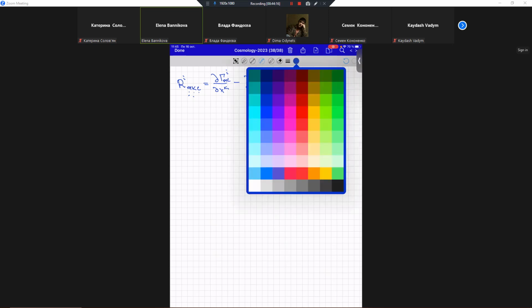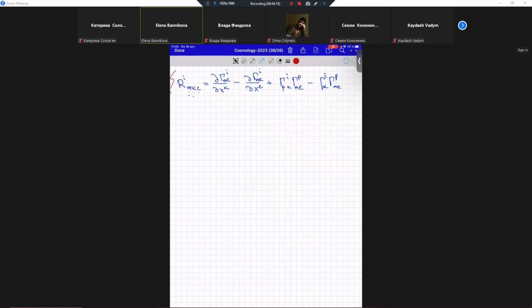So this is the expression for the Riemann tensor, which you can see is not so simple, but don't be scared, because finally we will work, as I already said, with the tensor of second rank, the Einstein equation.